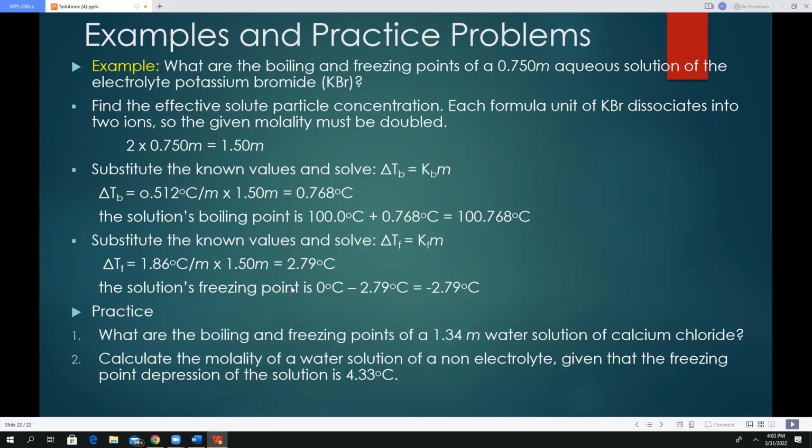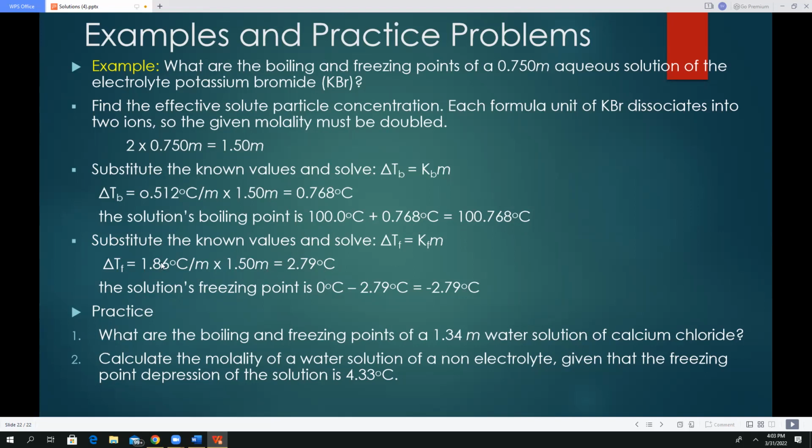And if the solution was at 100, which is the boiling point of water, then you add that 0.768 and you get the new boiling point. The freezing point is the same thing, except it's called depression, so you subtract.